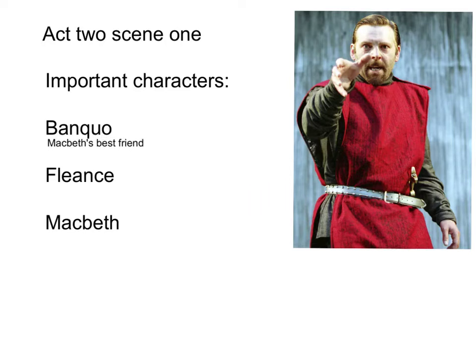We also want to remember that he also received prophecies, and his prophecy was that his sons or his children will become kings. He himself will not, but his children will, according to the witches, that is, and we shouldn't necessarily believe. Not all of the witches' prophecies will come true, so keep that in mind.